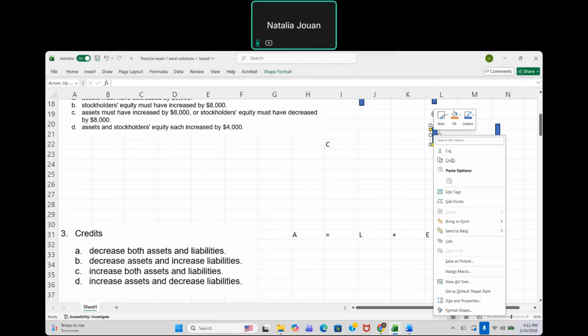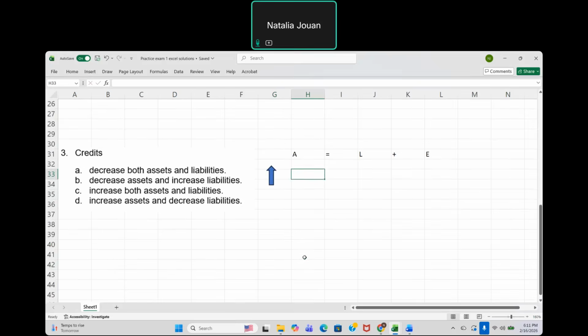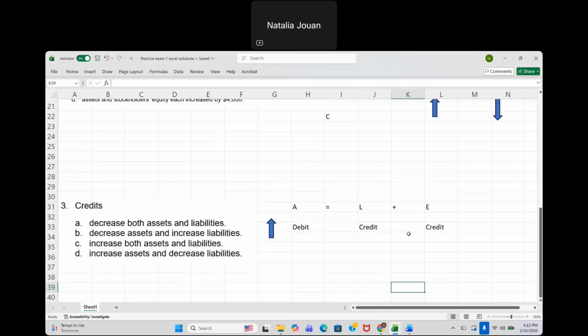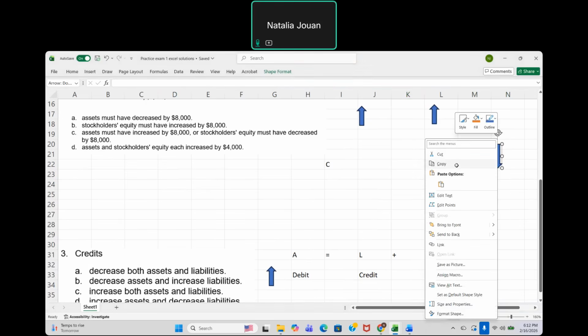Copy and paste. Increases to assets will be debit. And how do we increase liabilities and equity? Credit. Now, if we want to record decreases, it's the opposite.